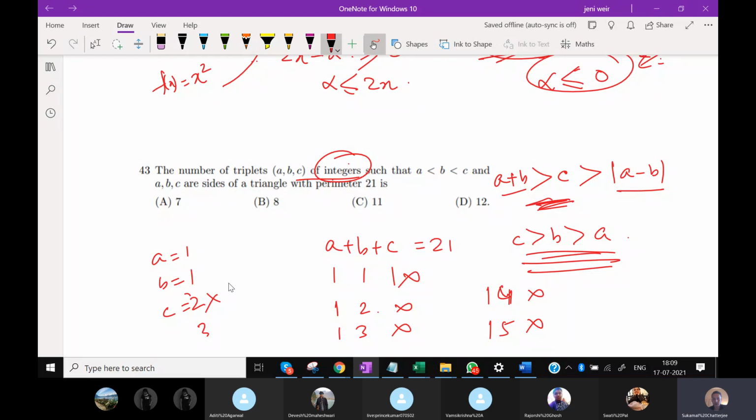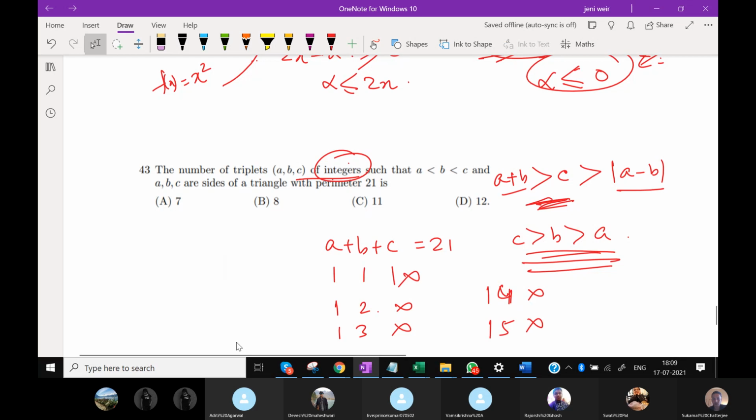Now I go for A equal to 2. A equal to 2 and B equal to 3. So then 2 and 3 is 5. So C can take a value of 4.